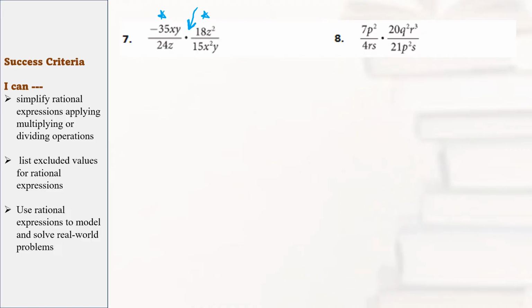In the calculator at the normal place, you are going to write minus 35 times 18 in the numerator, and in the denominator write down 24 times 15, and you will see that the answer will come directly, that is minus 7 over 4.